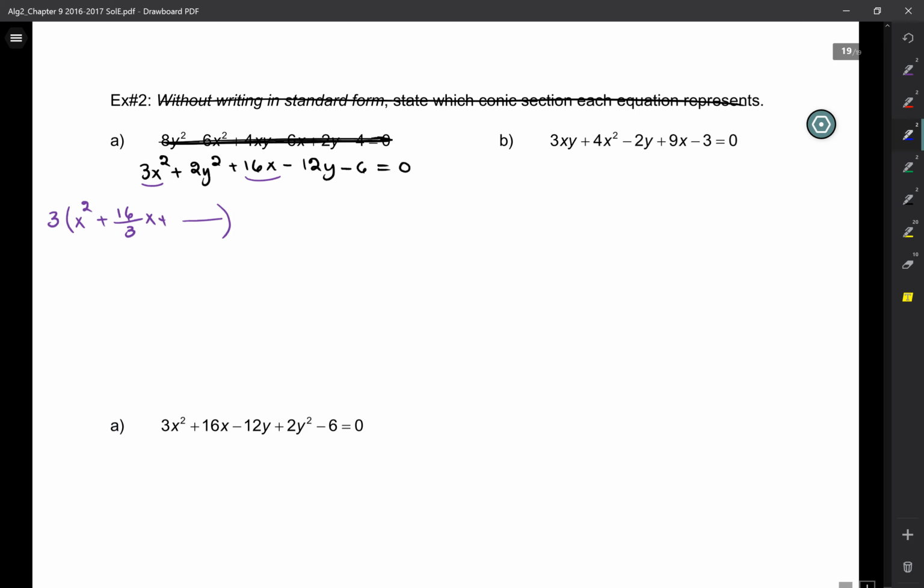Now, where are my y terms? 2y squared minus 12y. What can I factor out of those? Right, so plus 2 times y squared minus 6y plus a number equals, I take the 6 to the other side, and I'm going to do plus 3 times a number plus 2 times a number.